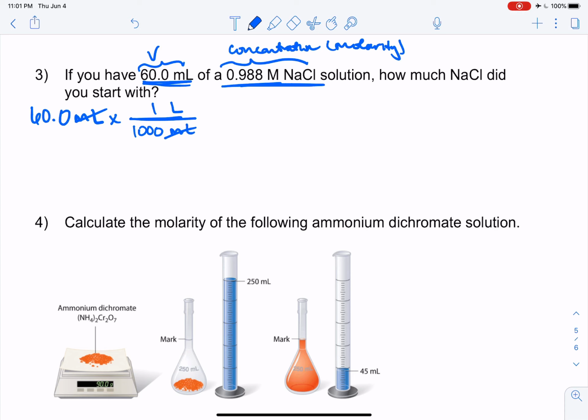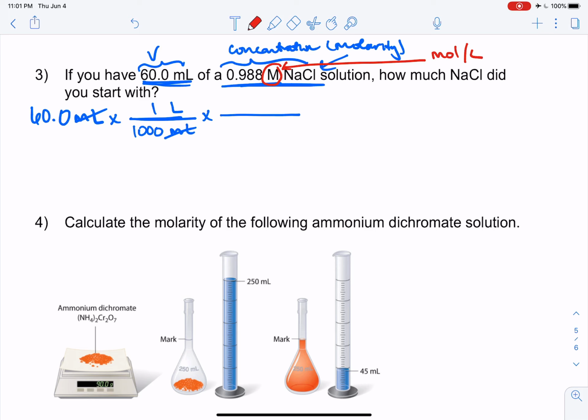And we need something that cancels out liters and gets us to moles, because if we have moles, then we can get to grams. And the balance displays in grams. We don't have any other piece of information except for the molarity, so we're going to have to figure out how we're going to use that. What we can do is change this right here back into moles per liter.